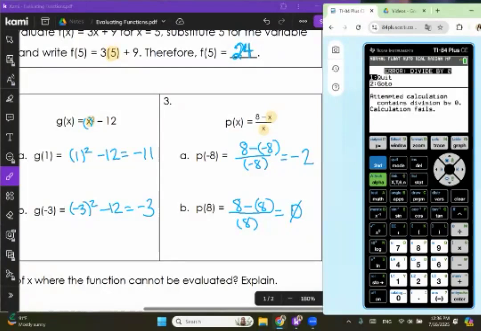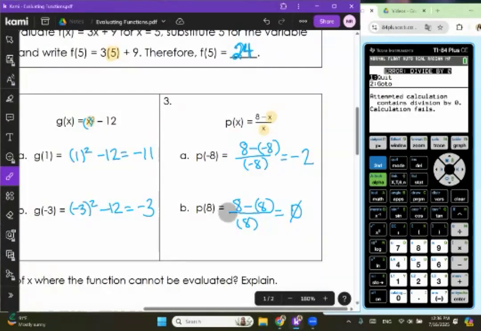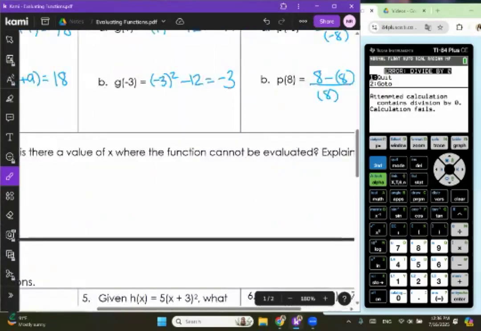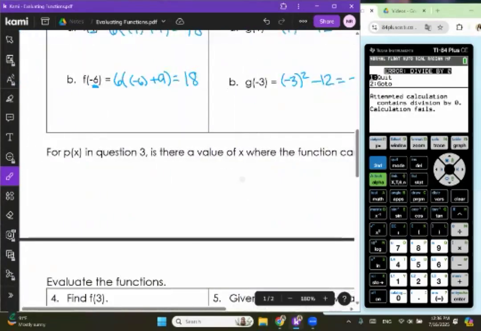You would get an error message. Why? Because division contains 0. You cannot divide by 0. That would mean that our solution is undefined. Okay? So the answer is yes.